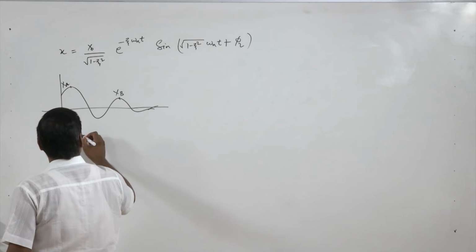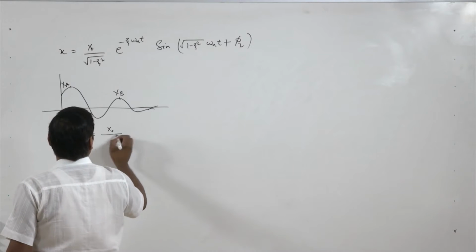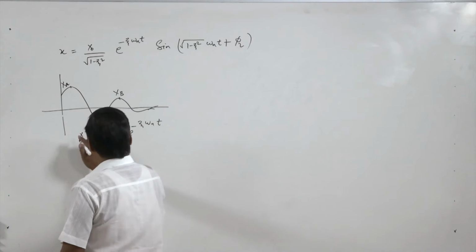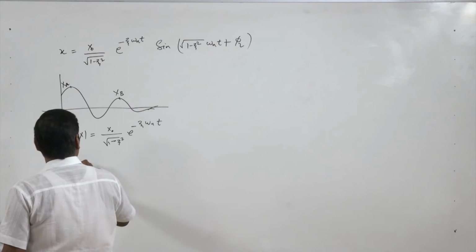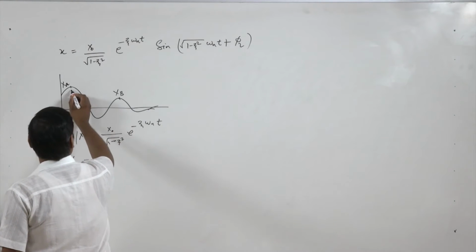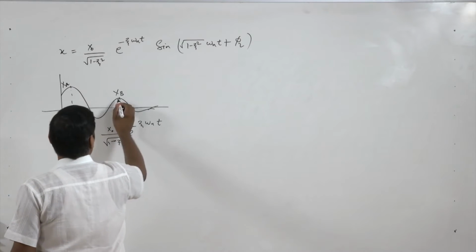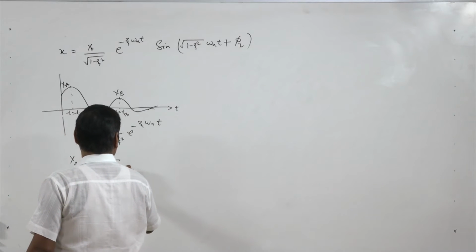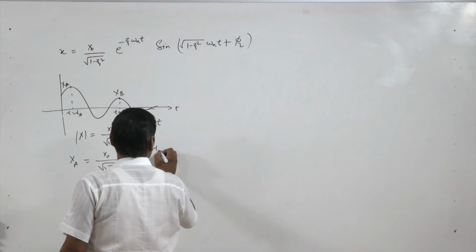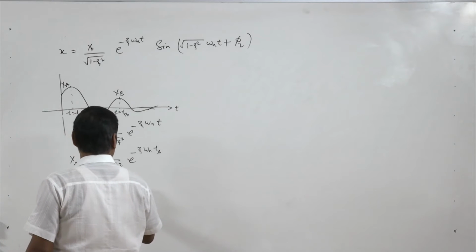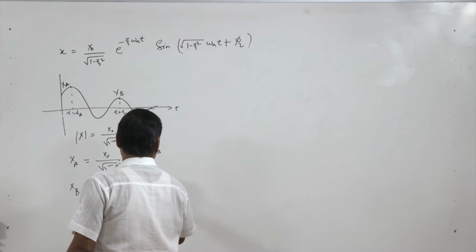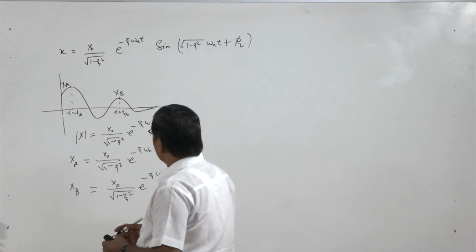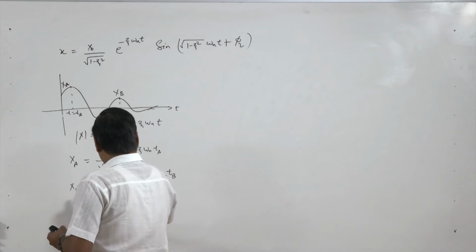Our amplitude is given as x0 by root 1 minus zeta square into e power minus zeta omega n t. If xa is at time t equal to ta, and this is time t equal to tb, then xa equals x0 by root 1 minus zeta square e power minus zeta omega n ta, and similarly xb equals x0 by root 1 minus zeta square e power minus zeta omega n tb. These are two consecutive amplitudes of the underdamped system motion.